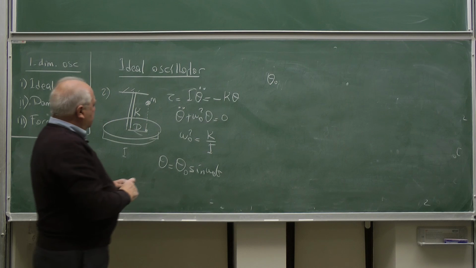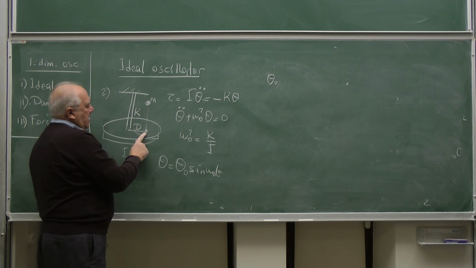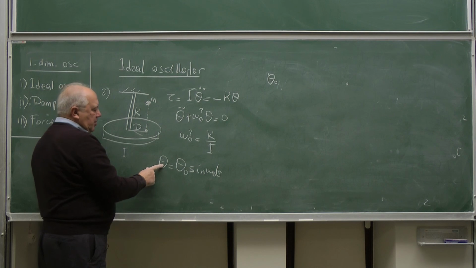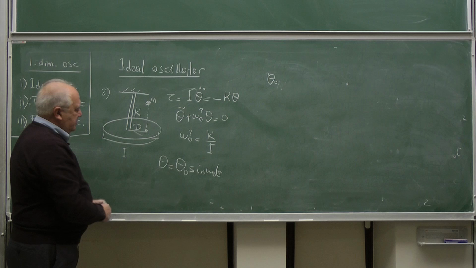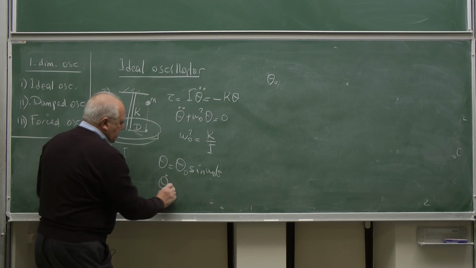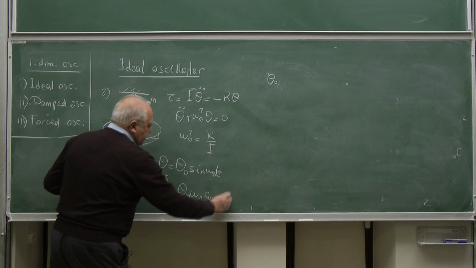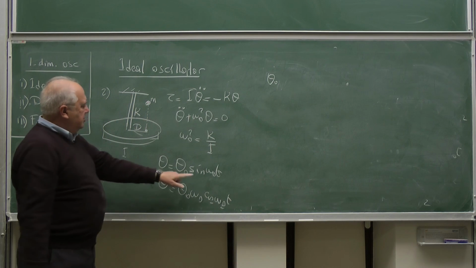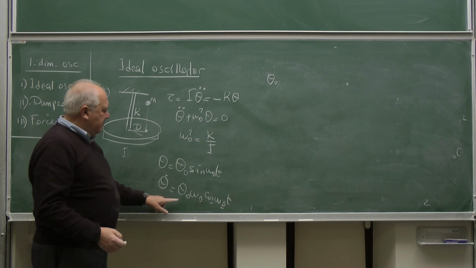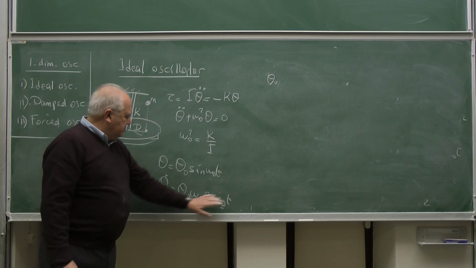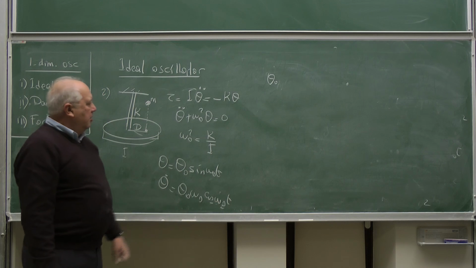But to specify the problem, we say it hits the disk when the angle is 0 and the velocity is highest, okay? Because theta dot is theta 0 omega 0 cosine omega 0 t, and at time t equals 0, when it's passing through the equilibrium position, it has the highest velocity. Omega 0 t is 0, so its angular speed is theta 0 omega 0.